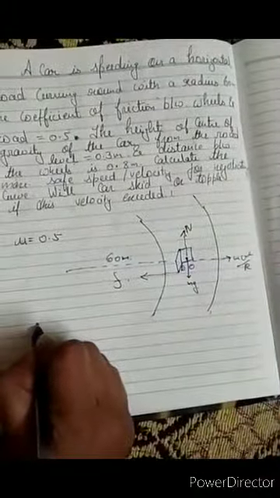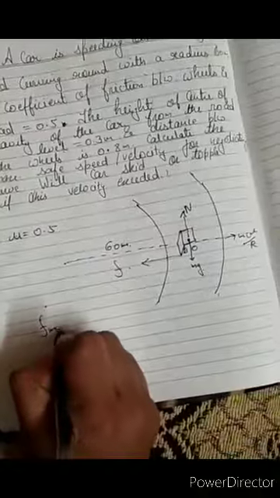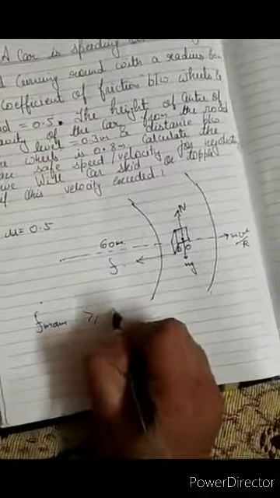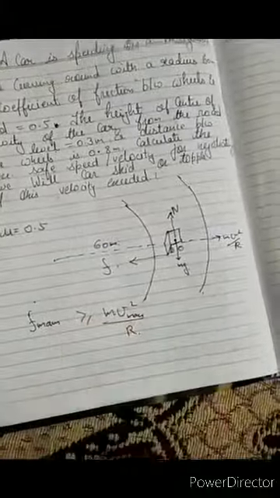So to find Vmax, what do we need? This is our car. From this picture you get a better idea. So just solve it. We want Fmax to be greater than or equal to mVmax square by r. This is our condition not to skid.